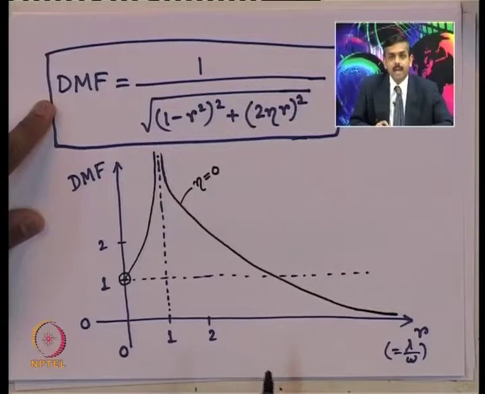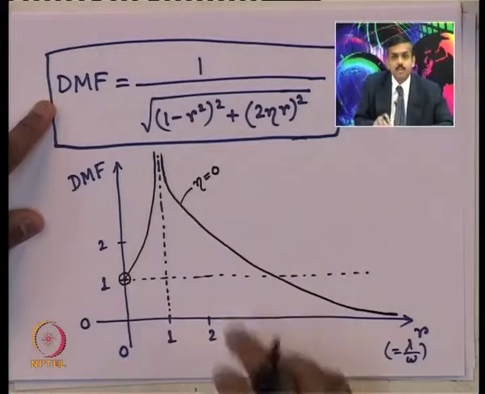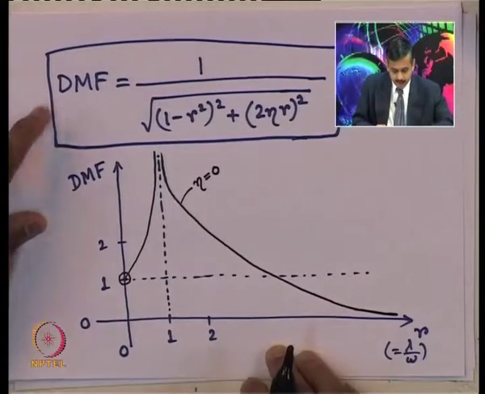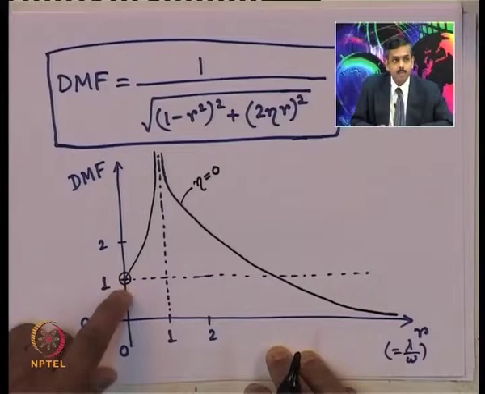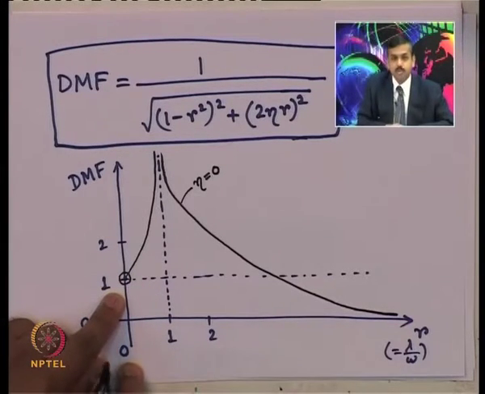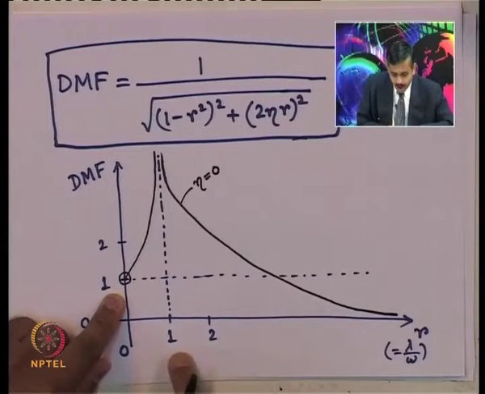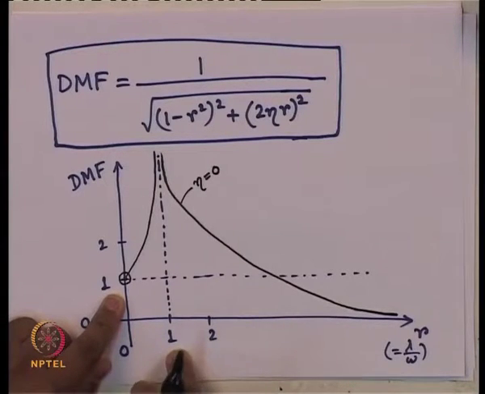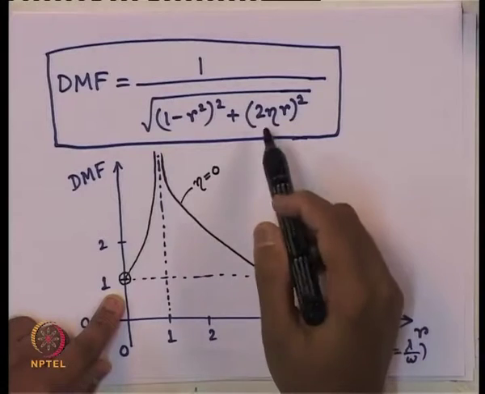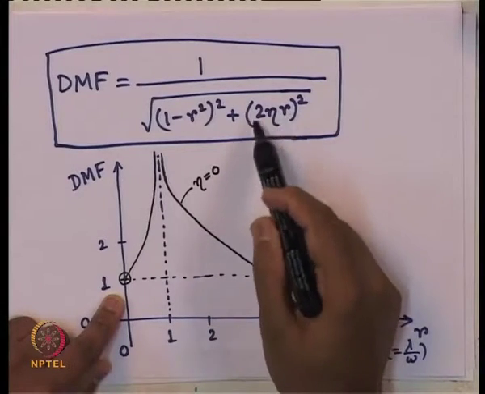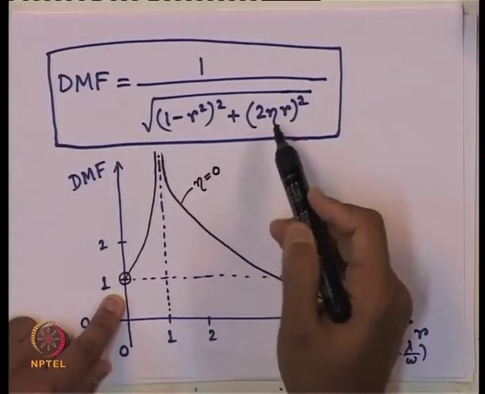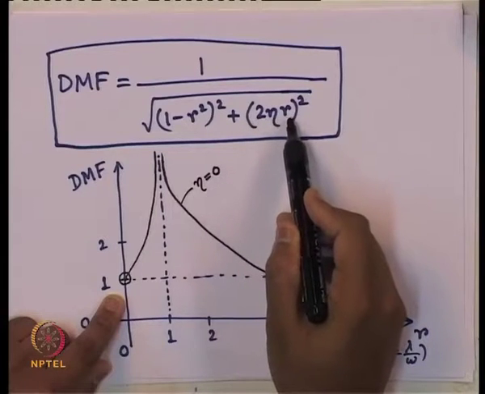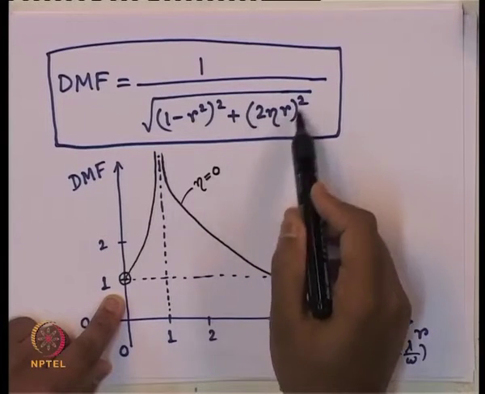Now, if we take a damped condition, that is eta is non-zero, still the curve will start from this point 1 when r equals 0. When r equals 1, what happens? Eta is non-zero. So, we have some value here, say eta is 0.1. So, it is 0.2 times 1, so 0.2 whole square.